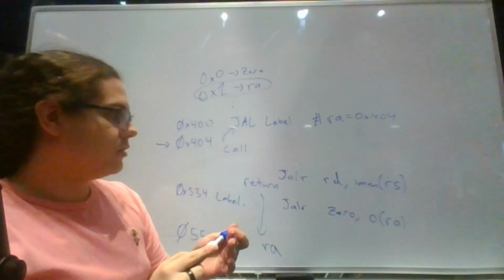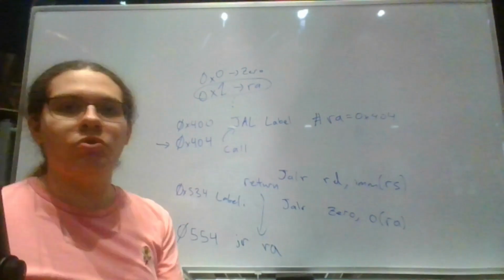That's what it would look like. So that second bit basically just tells you where to jump in program memory. So that's going to tell you where to return to.